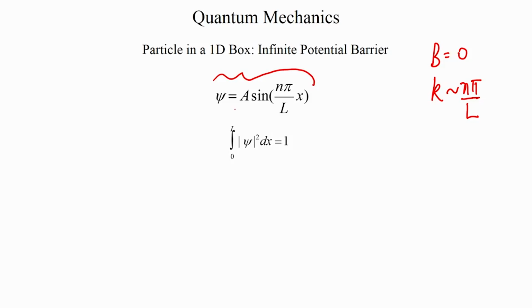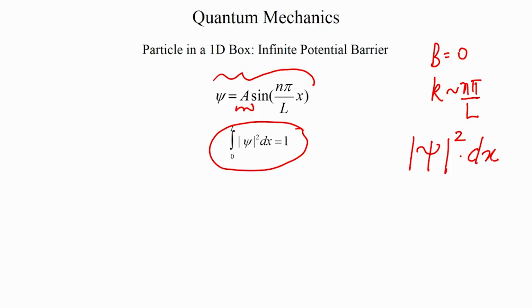Now the only thing left to be determined is a, and we do that by using the condition that the particle must exist somewhere. If you remember, psi squared was the probability density function for the particle, and psi squared dx is the probability that the particle exists between x and x plus dx.